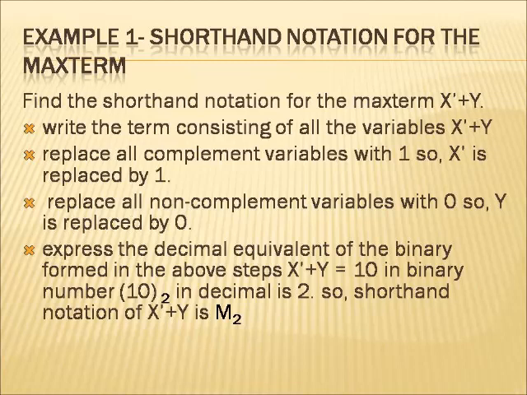So in the case of x bar plus y, we can replace x bar with 1 and y with 0, right? Now x bar plus y is equal to 1 0. 1 0 is a binary number which is equal to the decimal 2. So the shorthand notation of x bar plus y is equal to M2, that is the uppercase M2.